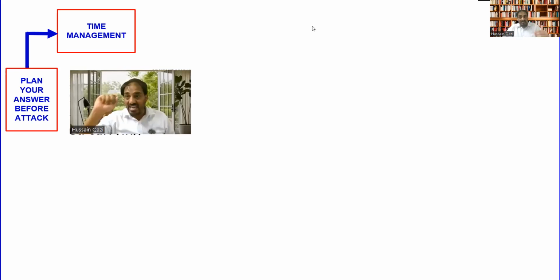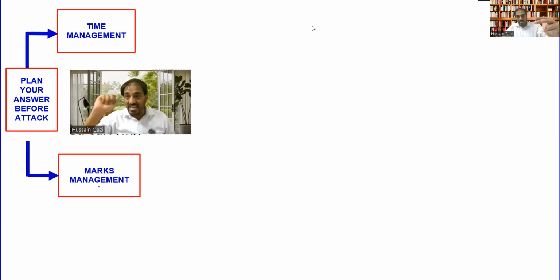How much time I have for this question. Number two, marks management. If you are going to attempt the question, first consider time management, then consider marks management. During the 20% time, you will identify how much time I have and what points I have to write accordingly.